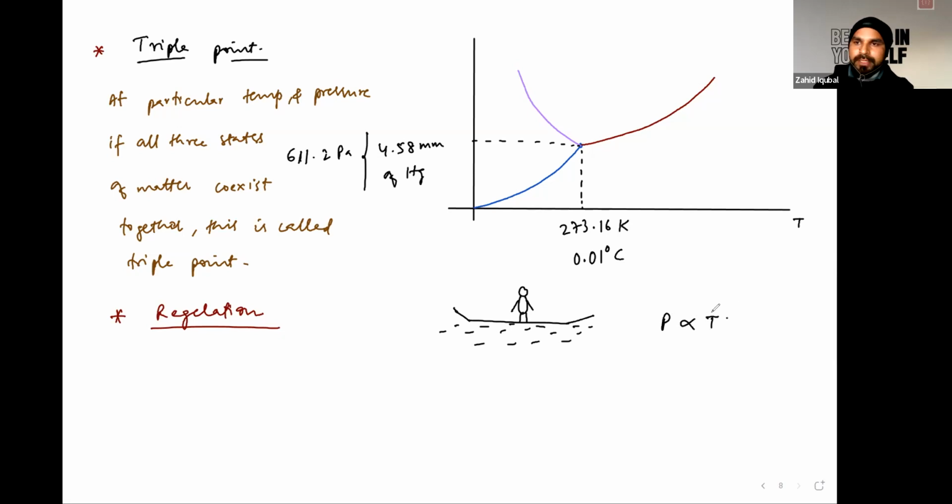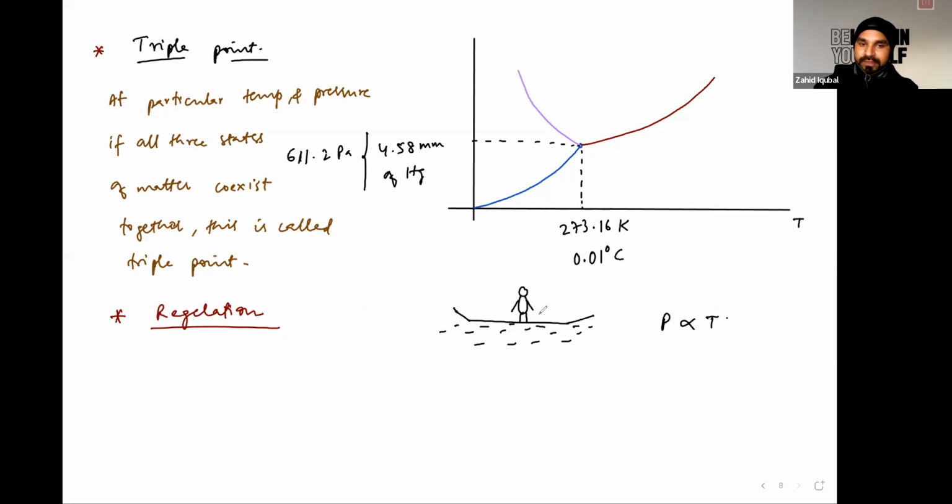Due to the increase in temperature, ice below this skateboard starts melting into water. And then water will act as lubrication and will be capable of sliding this skateboard on its surface easily.